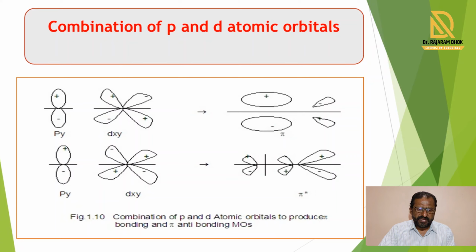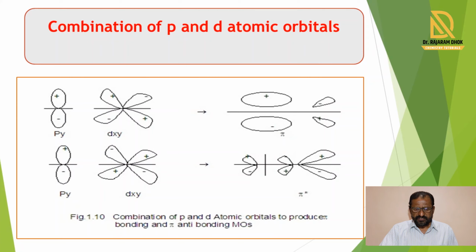Now in case of the antibonding orbitals, when py and dxy combine with opposite wave functions, then there is repulsion between them, and various lobes are formed at different places, and that is shown in the figure.